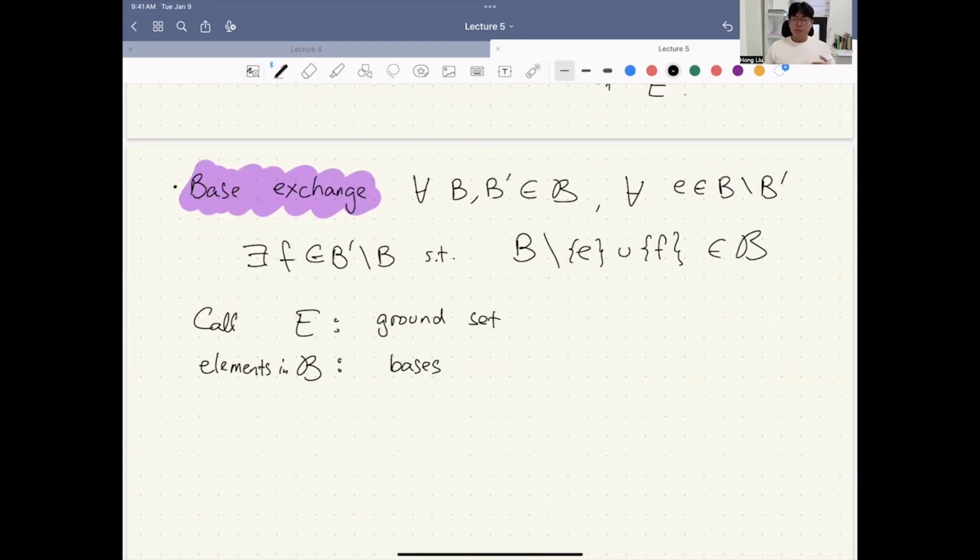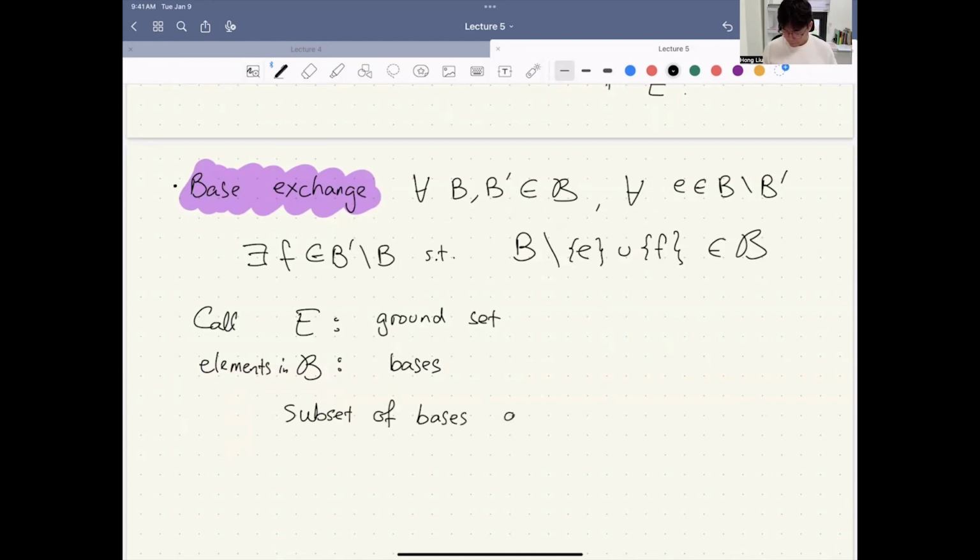And subsets of bases are independent sets. Why independent? A subset of a basis is linearly independent in a vector space. If you are not a subset of a basis, we call them dependent.